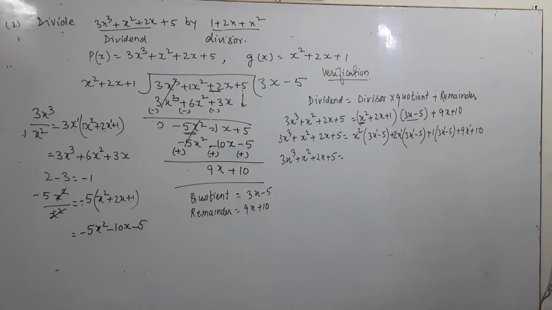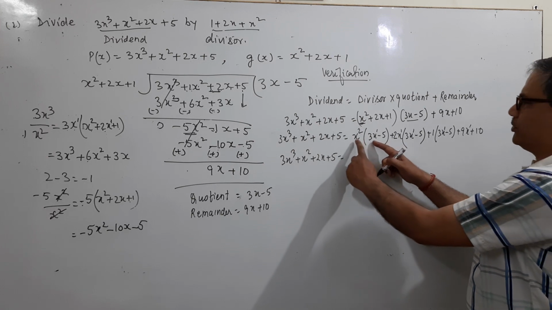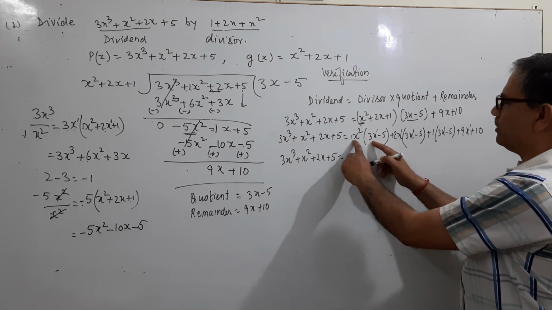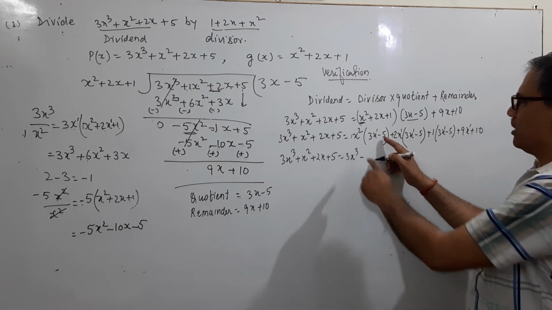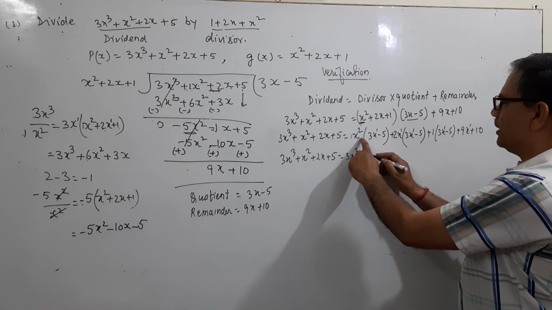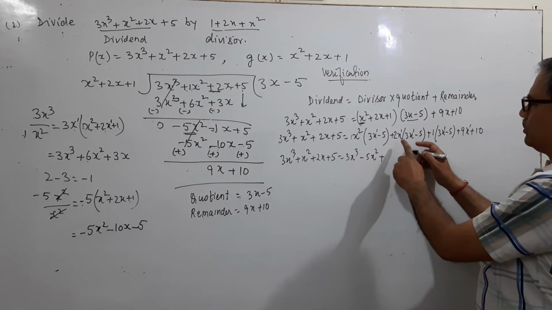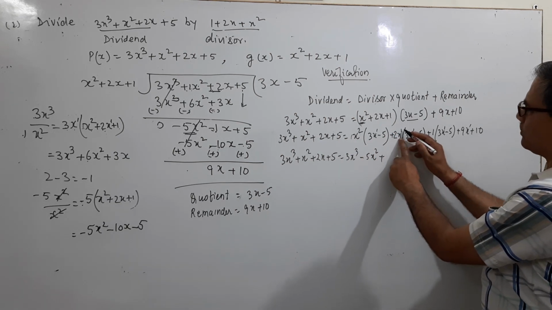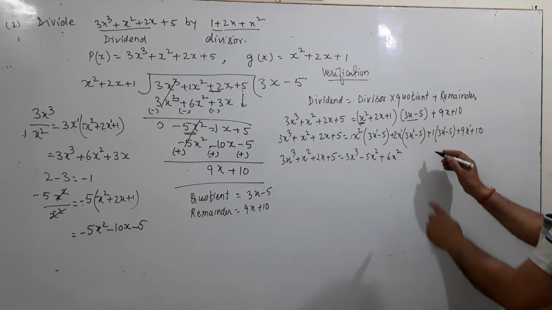Now tell me, I am giving you time. This is your 3, here is 1, 3x cube, 1 times 3 is 3. Minus 5 times 1 is minus 5. Here is x square, only x square plus 2 times 3 is 6x square.